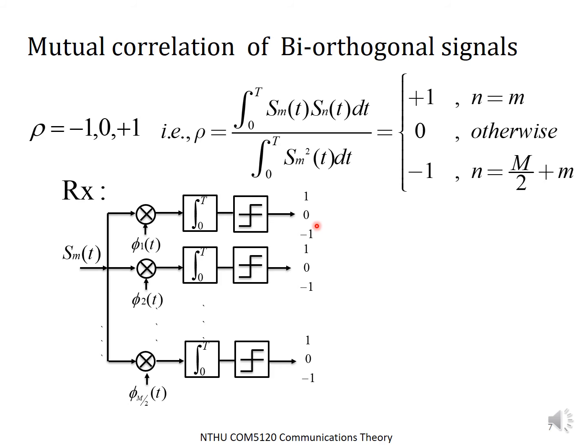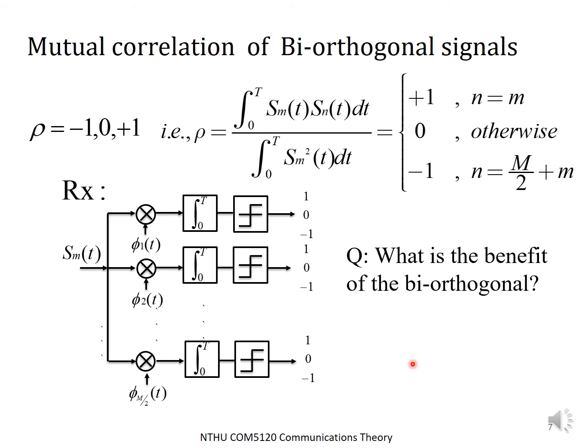At the output of each inner product, one of the carrier frequencies would contain either 1 or -1, and the rest would be 0. So 2 times M over 2 bases help us determine M different symbols, right?